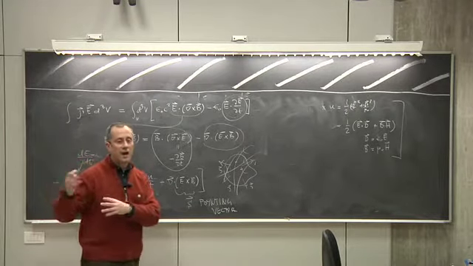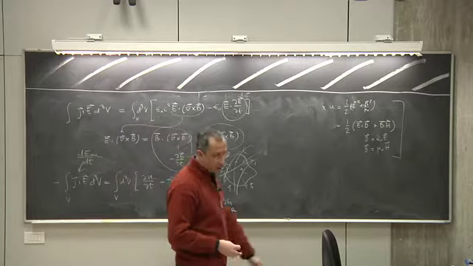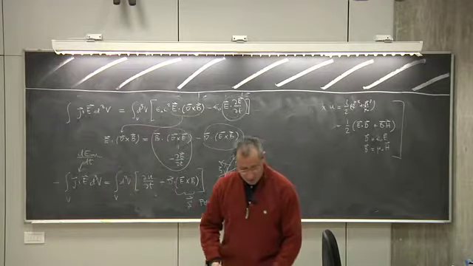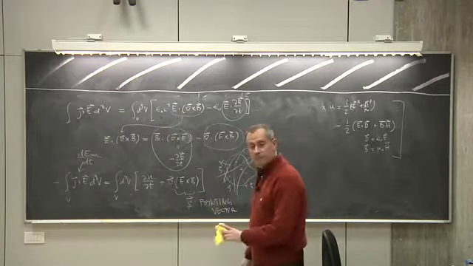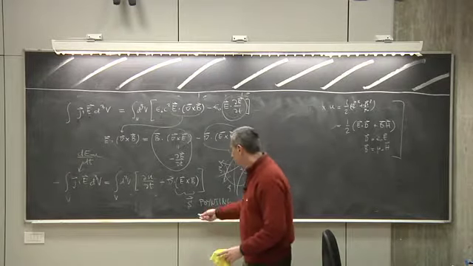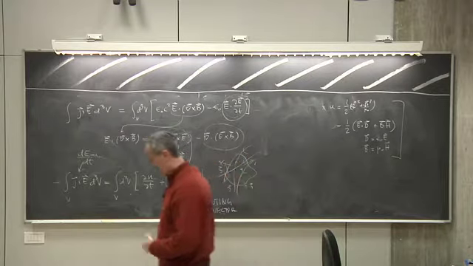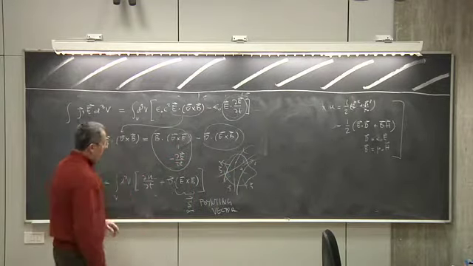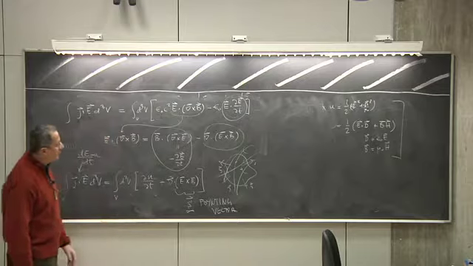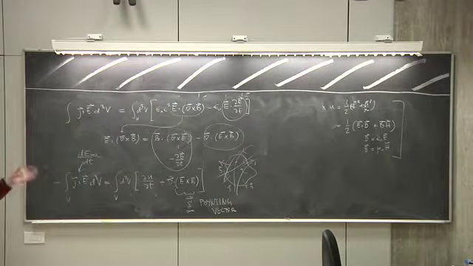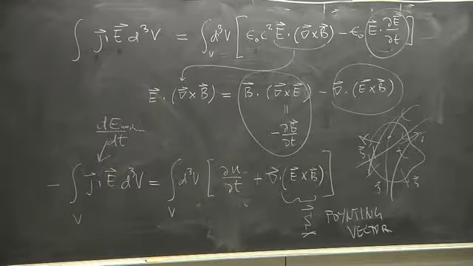Or the fields are going out, and then it's taken into account by the Poynting vector. Is this clear? So now we have a new vector that we will use again, because it quantifies how the energy is moving in a given portion of space.